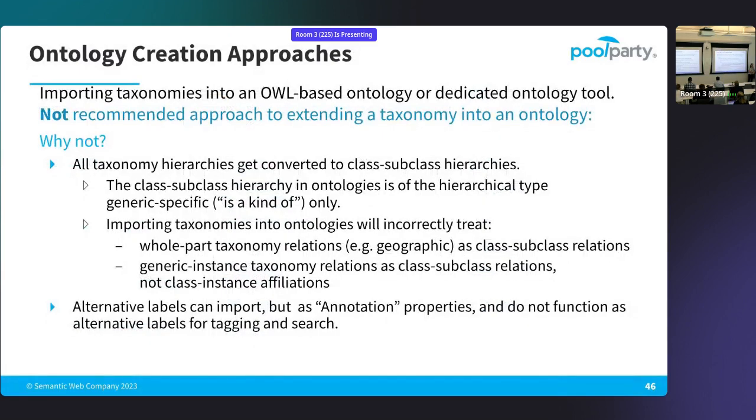Because we were talking about going in different directions, maybe you want to import taxonomies into an ontology management tool like Protégé and connect them that way. I don't recommend that, not merely because I'm a vendor of something going the other direction, but because in a taxonomy there's the most common hierarchy, which is based on hierarchical relationships, but most of them tend to be the generic-specific ISA that would convert to class-subclass.